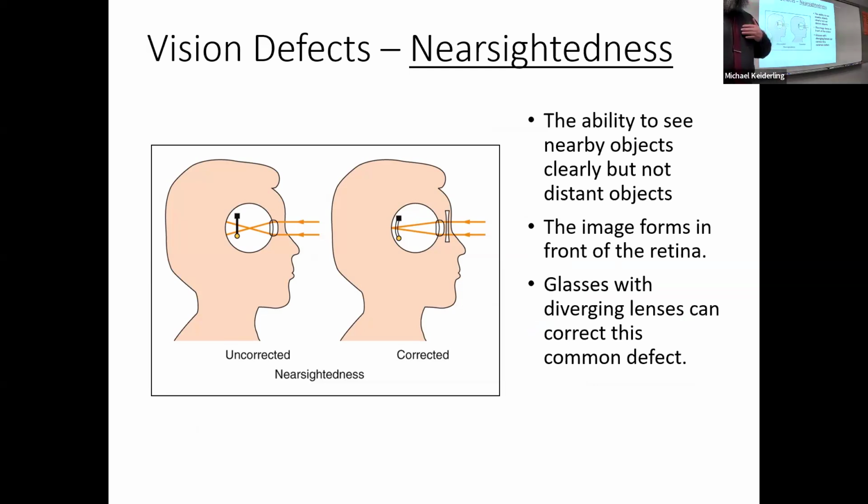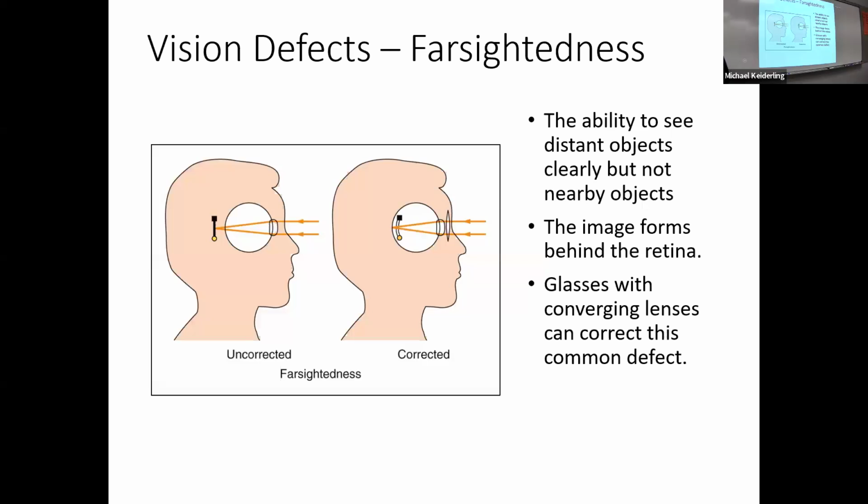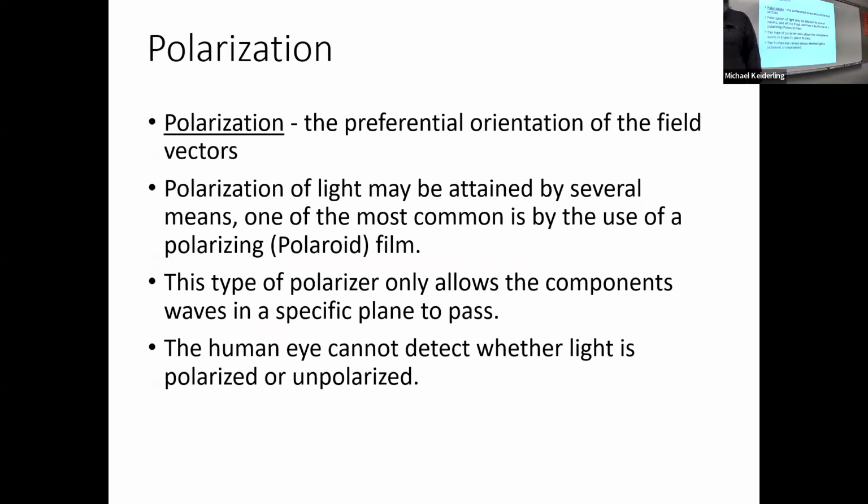The image forms in front of the retina. A diverging lens corrects for this. Farsightedness is the ability to see distant objects clearly, but not nearby objects. The image forms behind the retina. Glasses with converging lenses correct for this common defect. This is also what happens when you get older and your lens gets stiffer, so it can't change its focal length as much.